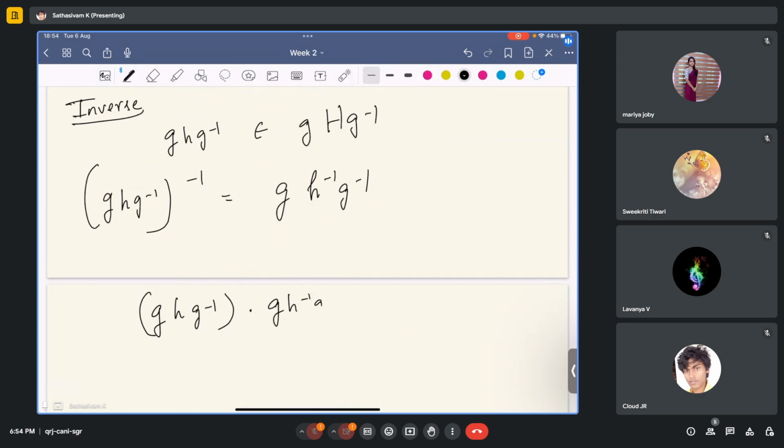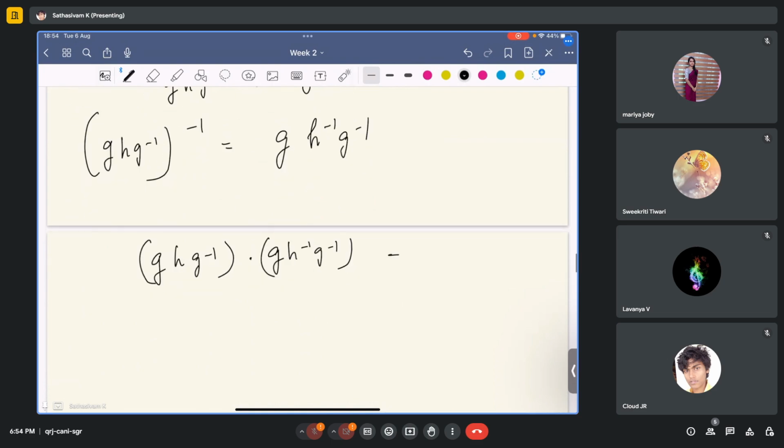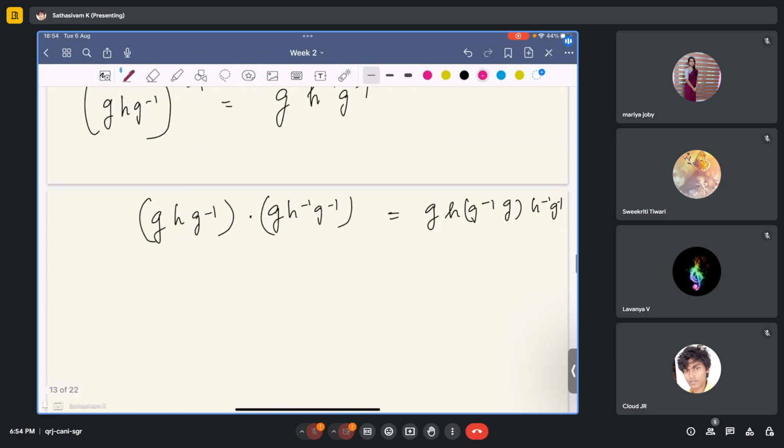Let's say g h inverse g inverse. Let's multiply. This is nothing but g h g inverse g h inverse g inverse, and this I can cancel out. It became g h inverse g inverse, and this also I can cancel out.